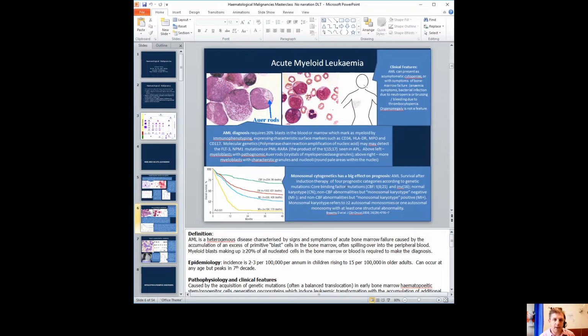How do we treat it? It depends a bit on how well the patient is, how fit they are for treatment. It's often the disease of the elderly. Patients may not be fit for intensive chemotherapy. It depends on their comorbidities and their frailty.